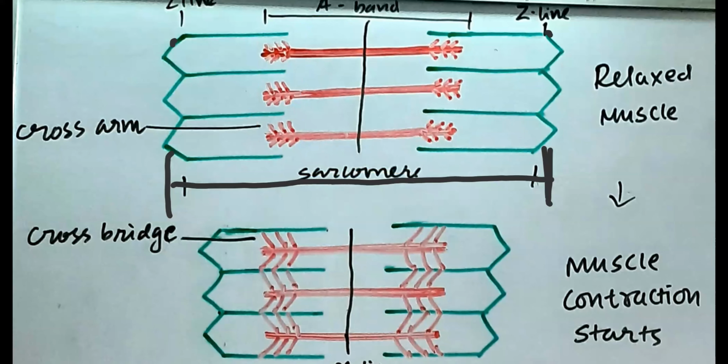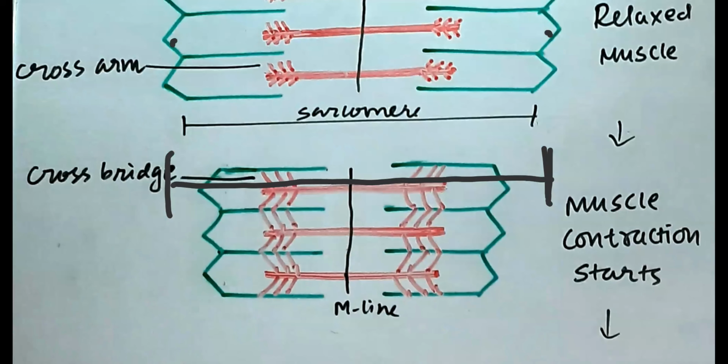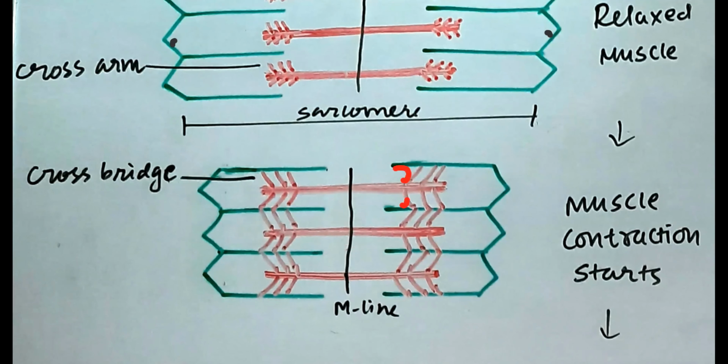Now, as you see, the cross bridges are formed. Can you make out the cross bridge formation has taken place? And when these cross bridges curve themselves, they will be pulling these thin filaments towards which side? M line.